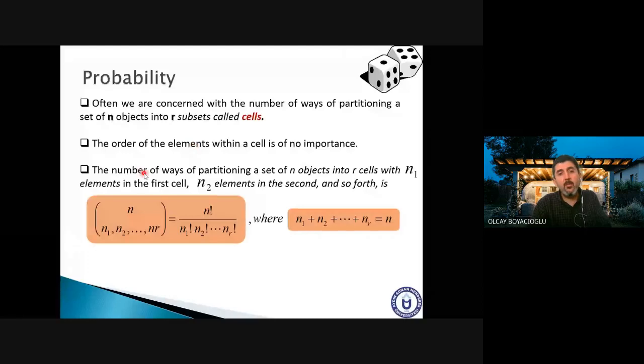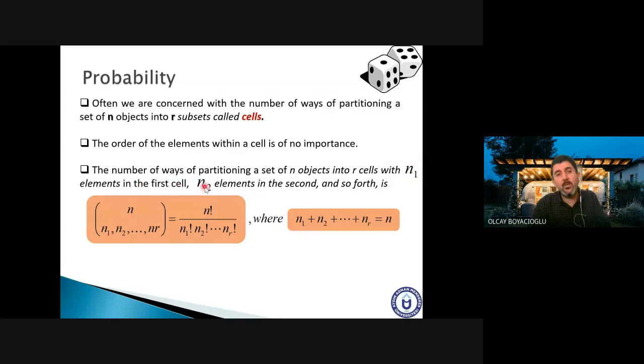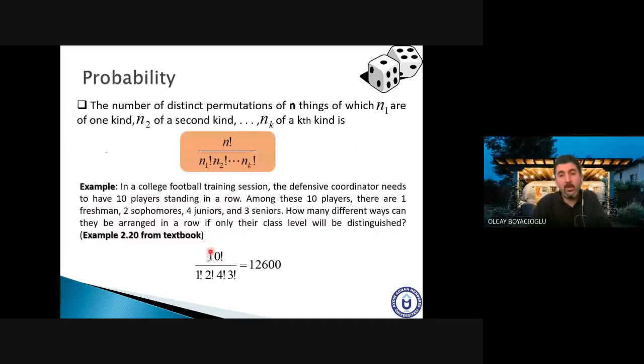The number of ways of partitioning a set of n objects into R cells with n1 elements in the first cell, n2 elements in the second cell, and so forth is written with this formula: n factorial divided by n1 factorial, n2 factorial, and nr factorial. Almost like the previous formula, if you remember. So the same kind of approach.